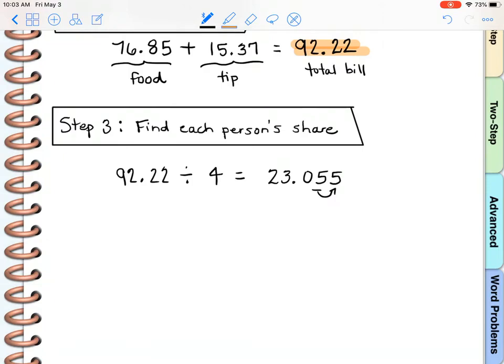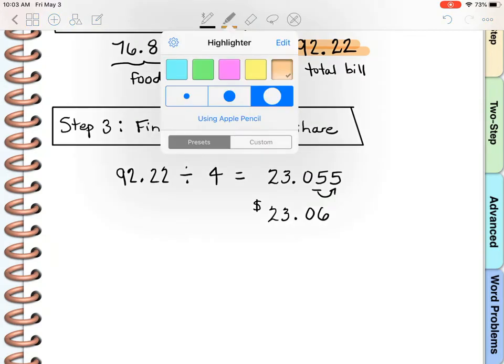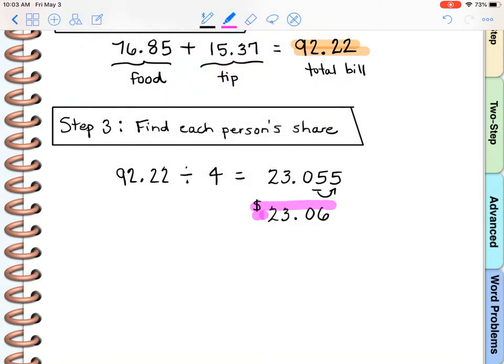And remember the neighbor hill. This will round up to $23.06 per person. And that is actually the answer that we're looking for.